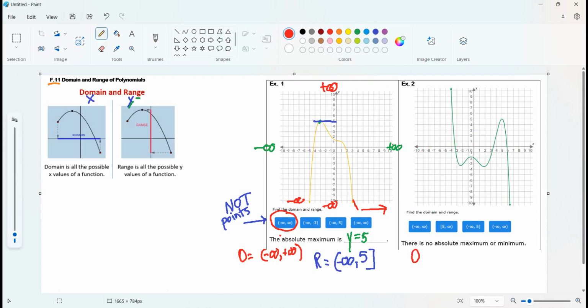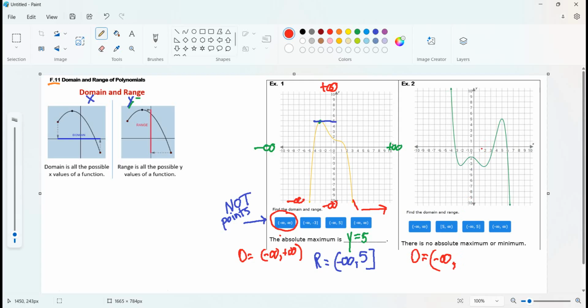If you went way out here, then went way up, because this is slanted, eventually the graph is going to be there. So the graph is going to exist at the x values at negative infinity. You could continue out towards negative infinity on the x axis, and you're going to be able to go up and find a y value. Put your comma.